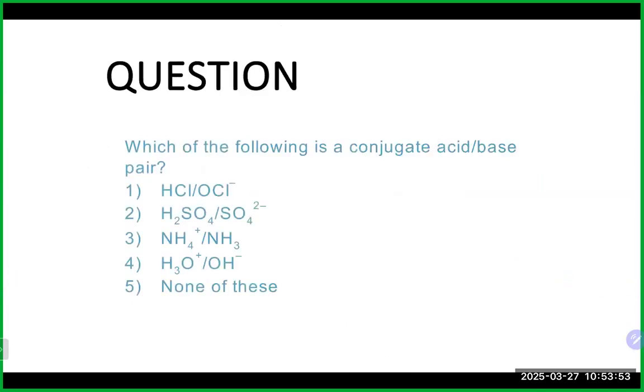All right, so take a moment here for each of these. We want to determine, are these a conjugate acid-base pair? Let's take a look and see. What we're looking for is whether these are related to each other. I'm just going to write it like this. And what we're looking for, again, is just a one H plus difference between them.